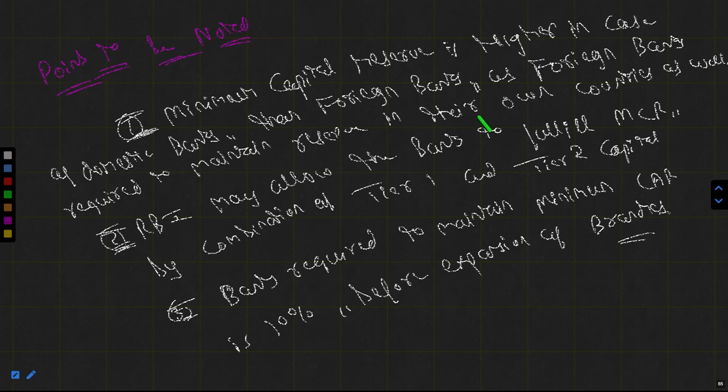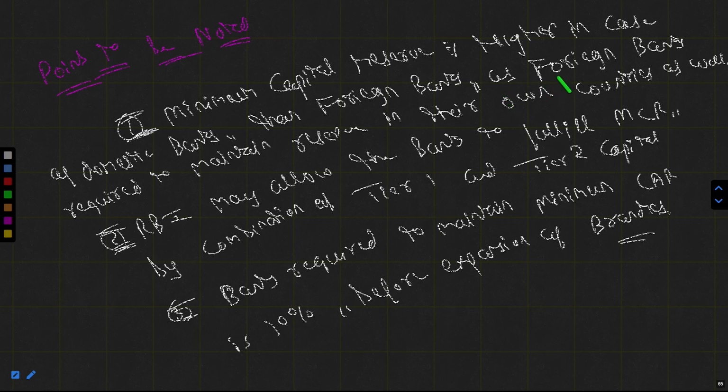They belong to some other countries, and by taking the permission from the government of India or the Reserve Bank of India, they are doing the business in India. Okay, but it doesn't mean that their responsibility towards their home country will be dissolved off. Okay, so as they are working in India, they also require to maintain their capital adequacy in their homeland, all right, from where they belong.